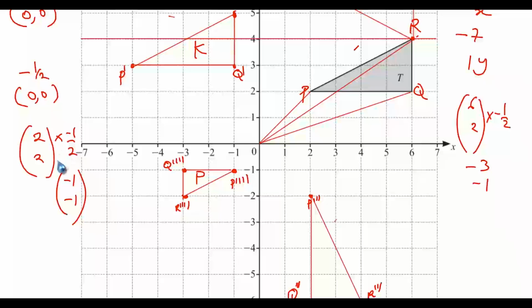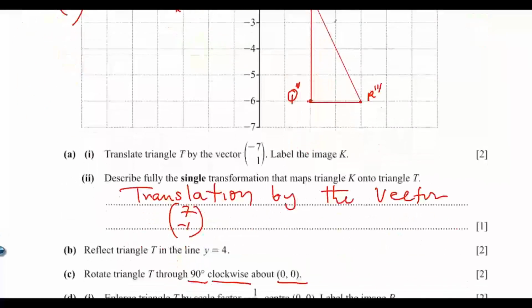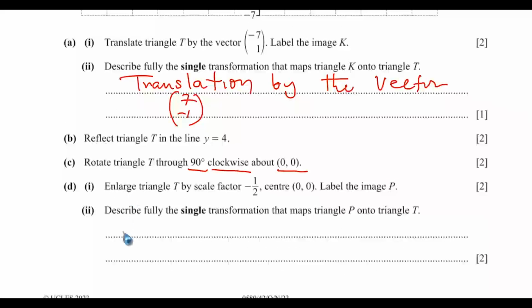So this is going to be enlargement from center of enlargement, which is 0 0, and the scale factor in this case will be the inverse of minus 1 over 2. So that is going to be 2 over minus 1, which is minus 2. So that will be the scale factor. So we can come here and still write enlargement.